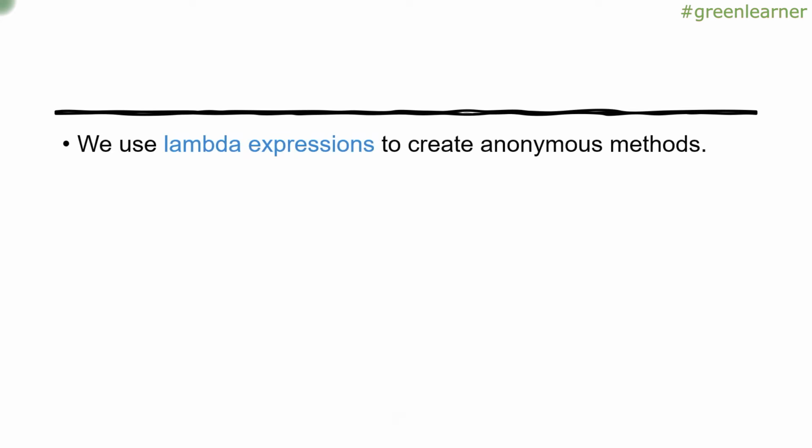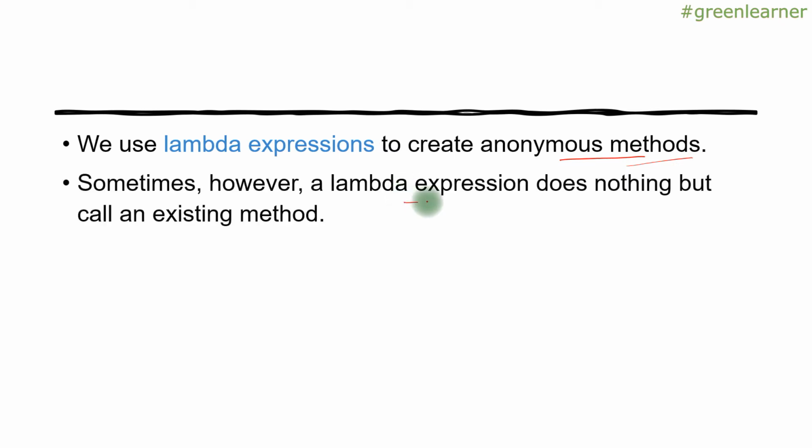We use lambda expressions to create anonymous methods. I have explained it in the previous video. Sometimes, however, a lambda expression does nothing but call an existing method. So while writing a lambda expression, you are doing nothing here but calling another method of the class.